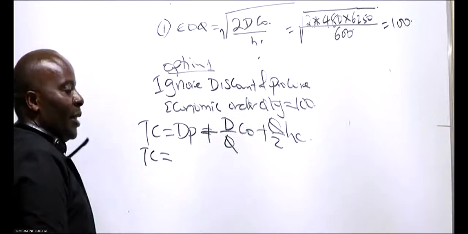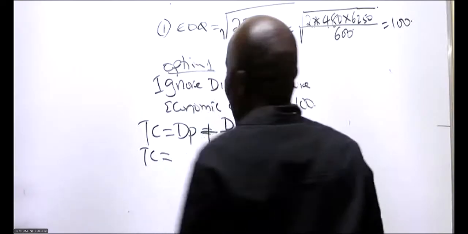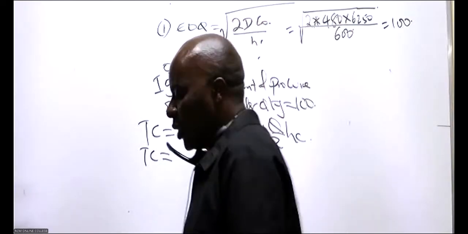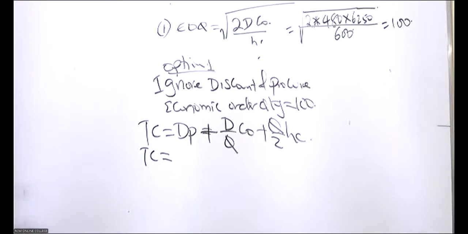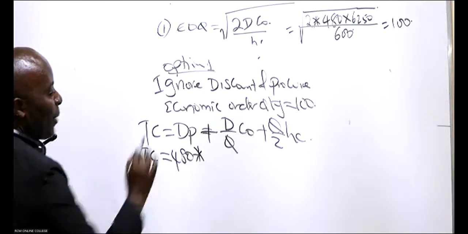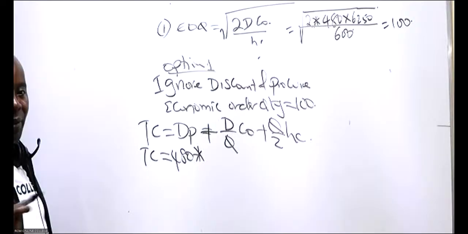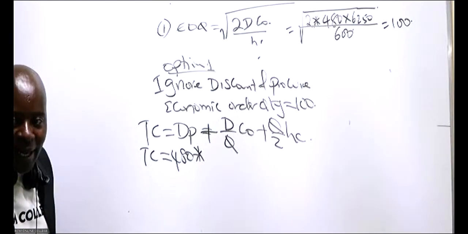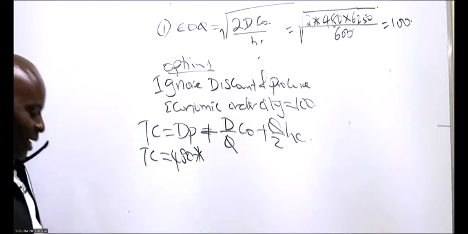The TC. Are you able to see the annual demand in the question? It's given in the question there, isn't it? Remember, we are not going for any discount. Therefore, the buying price will be? 4,000.